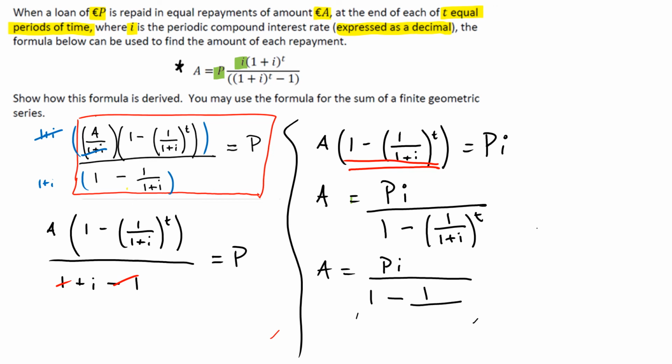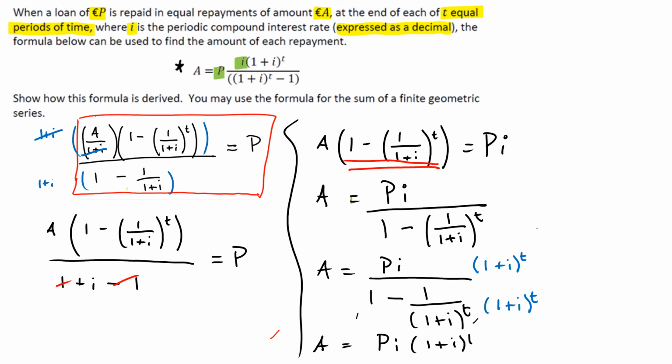So that gives me a 1 plus i to the power of t here at the bottom. And what we can do then is multiply the top by 1 plus i to the power of t and the bottom by 1 plus i to the power of t.